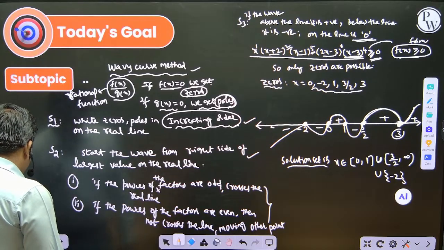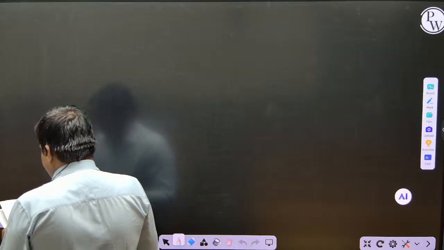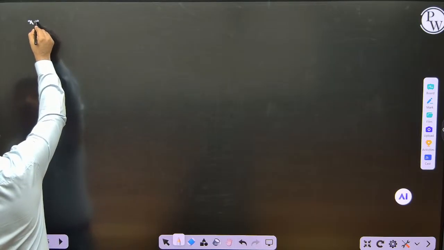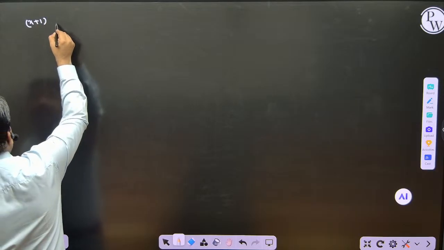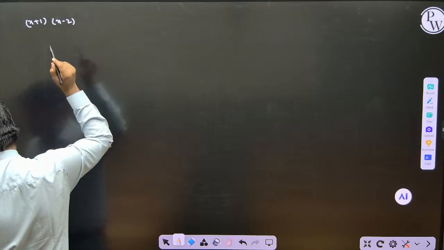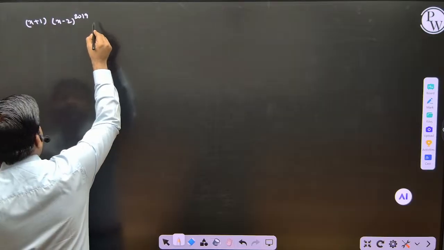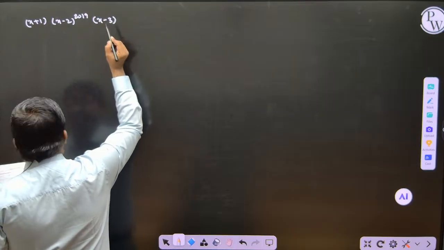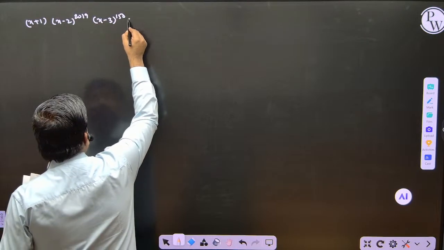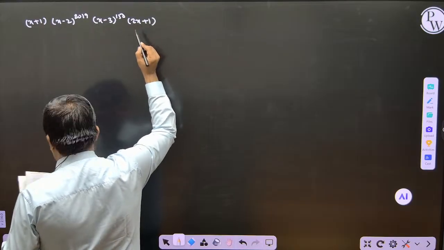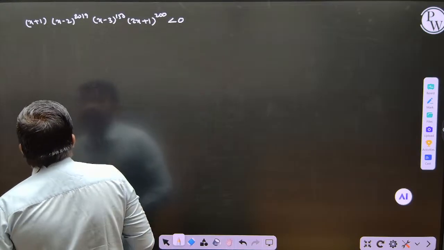Okay, now see, the next one is what? x plus 1 into x minus 2 whole power 2019 into x minus 3 whole power 150 into 2x plus 1 whole power 200 less than 2.